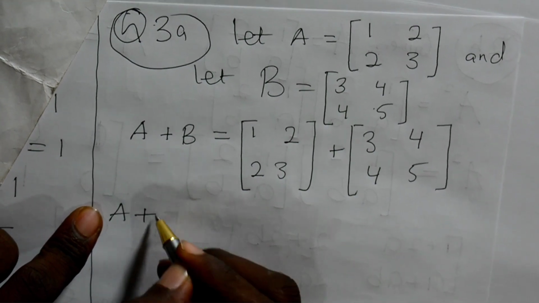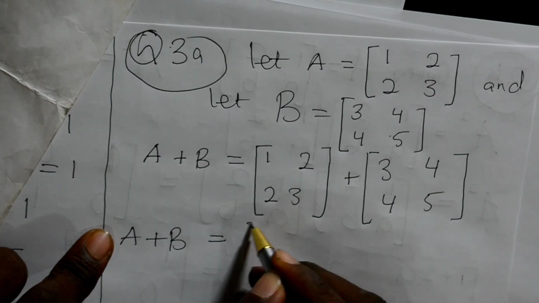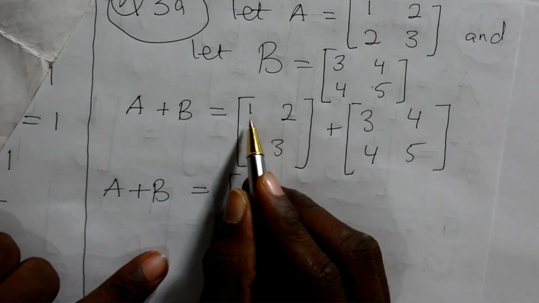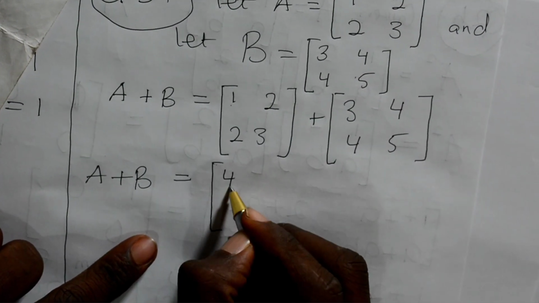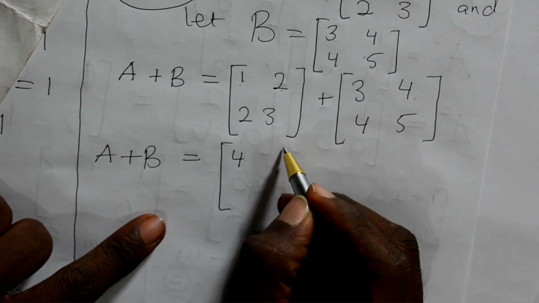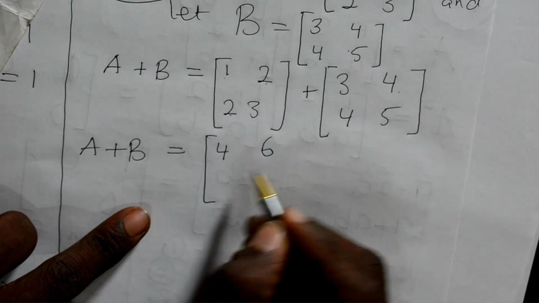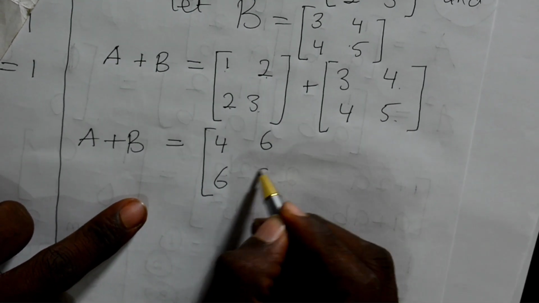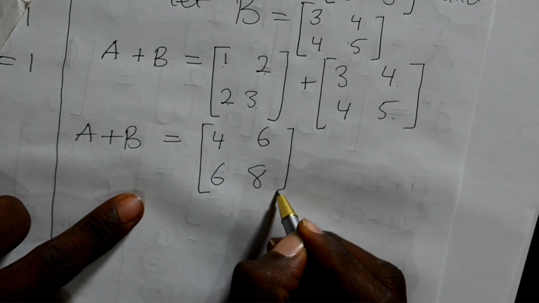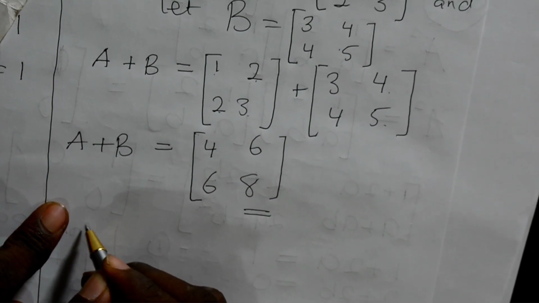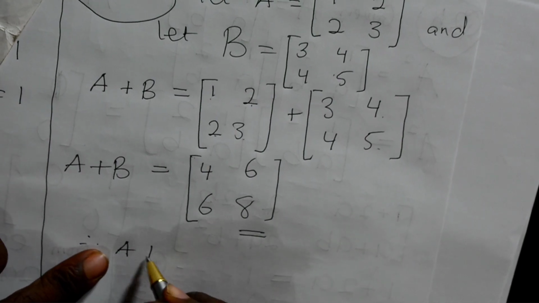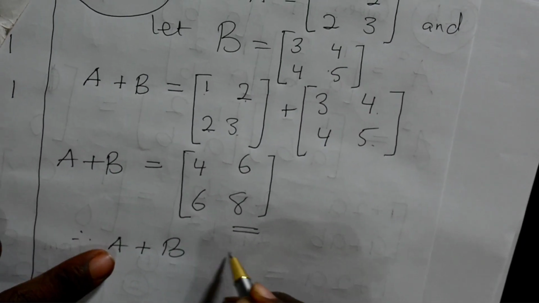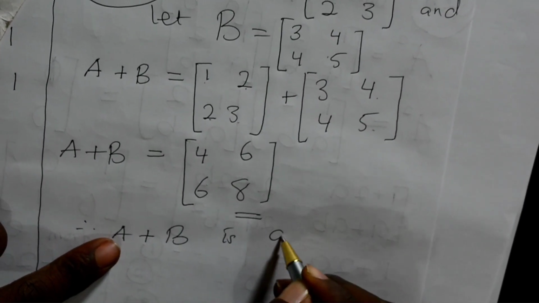So now A plus B will be equal to a matrix of 1 plus 3, 4, 2 plus 4, 6, 2 plus 4, 6, and 3 plus 5, 8. This is A plus B, and it is also a symmetric matrix.